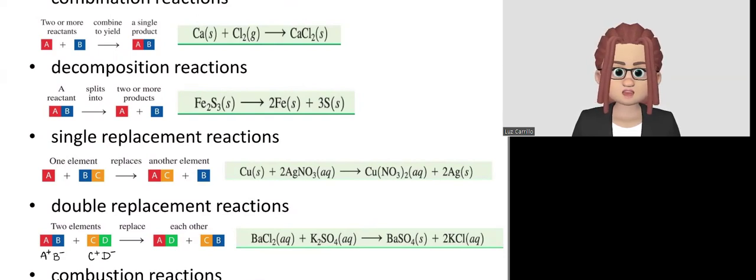What happens overall is that the cation of the first ionic compound forms a new ionic compound with the anion of the second. That's why here you see AD combining.